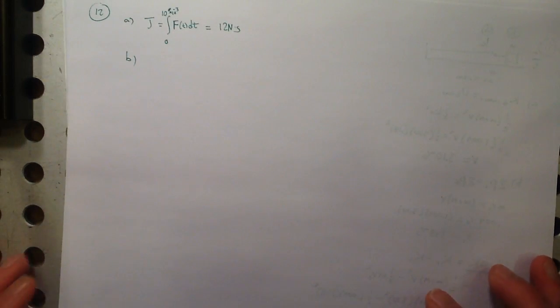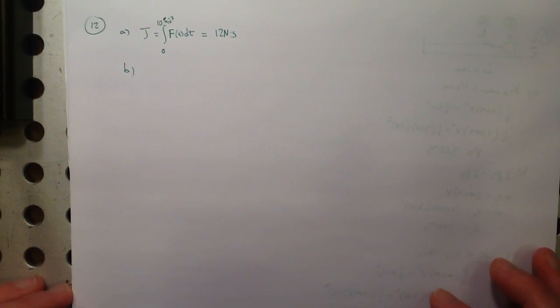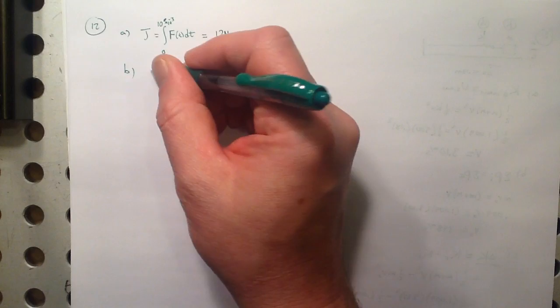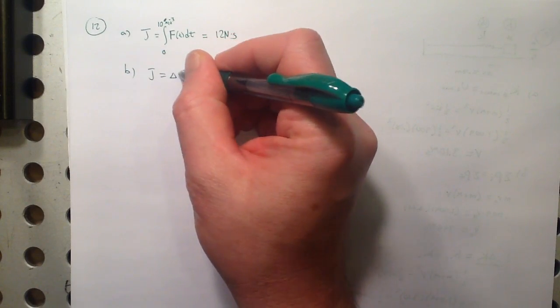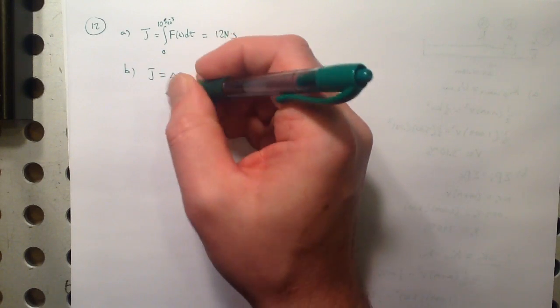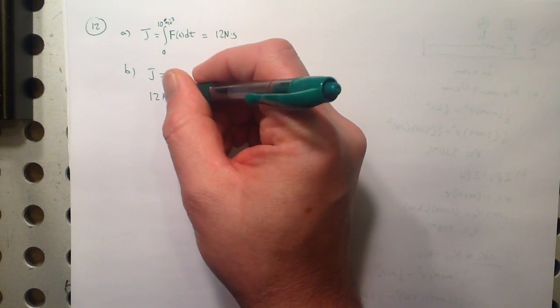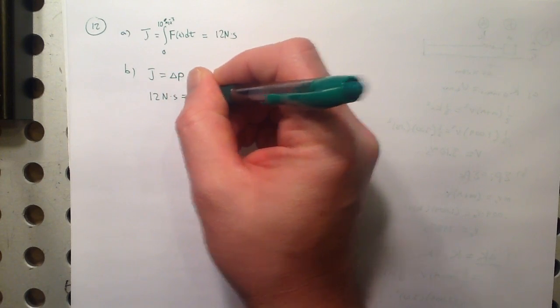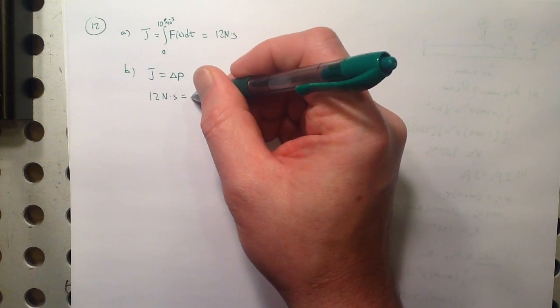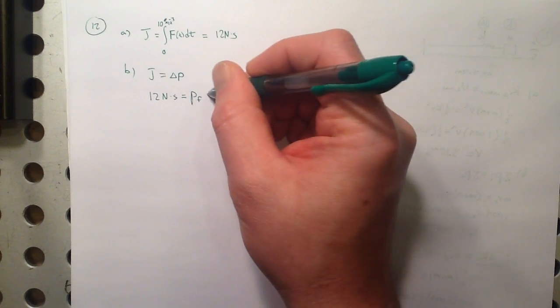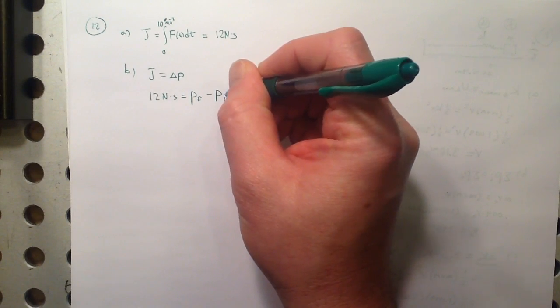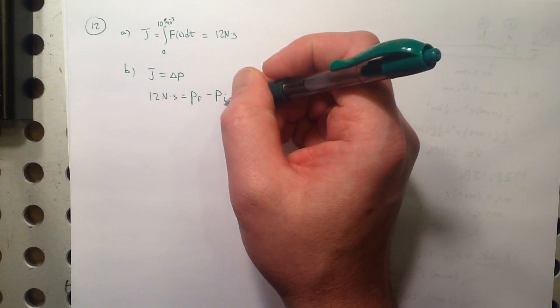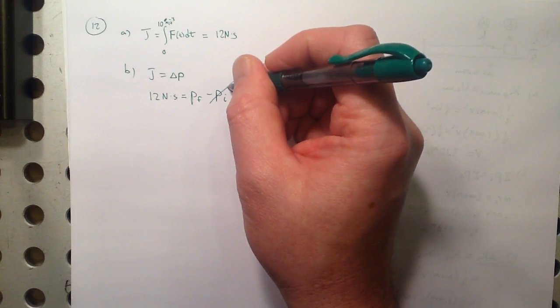Okay. Determine the horizontal velocity of block B immediately after the collision. Well, impulse is equal to change in momentum. So 12 Newton seconds is equal to the final momentum minus the initial momentum, right? But of course, block B is at rest to start, so this is just a 0.